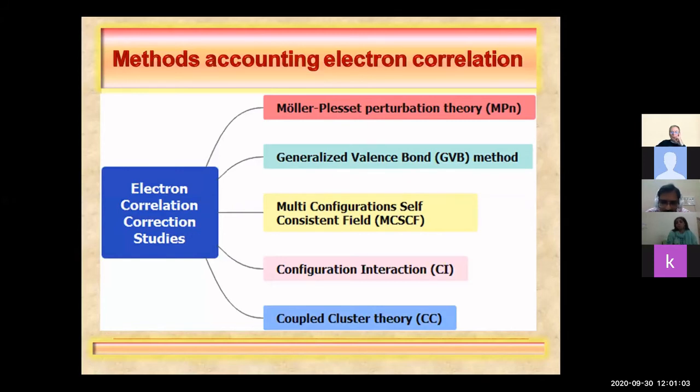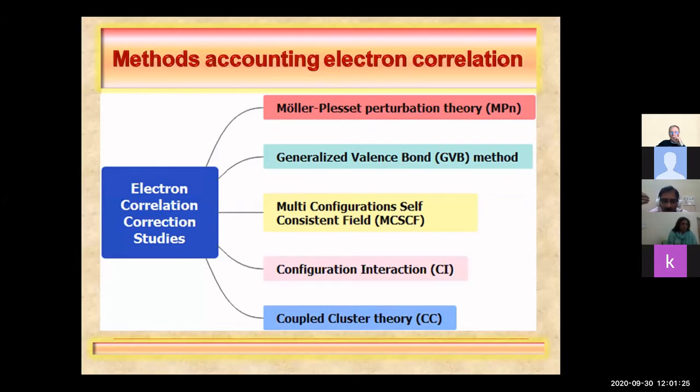Most of these computations begin with a Hartree-Fock calculation followed by further corrections for the explicit electron-electron repulsion, referred to as correlation corrections. As a group, these methods are referred to as correlated calculations.